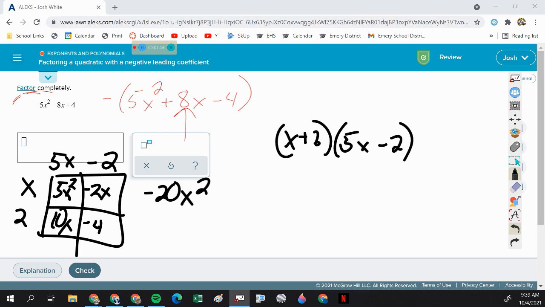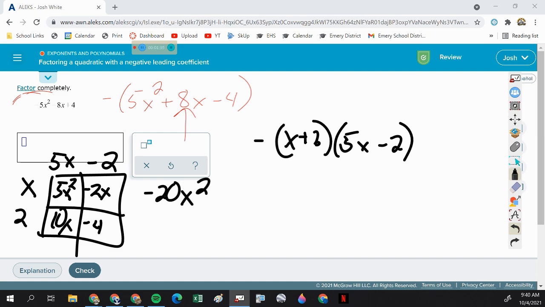What about the negative? Do I need it? If the answer is made up of the factors, then yes, you need the negative. If the answer is made up of the roots, then the negative doesn't have any effect. So in this case, we need the negative.